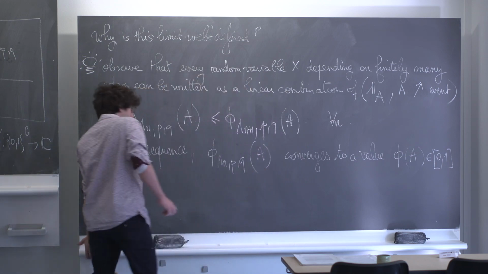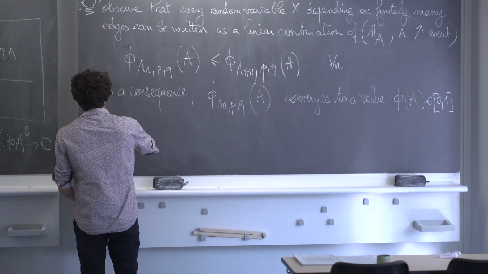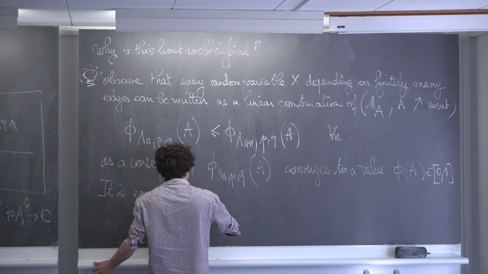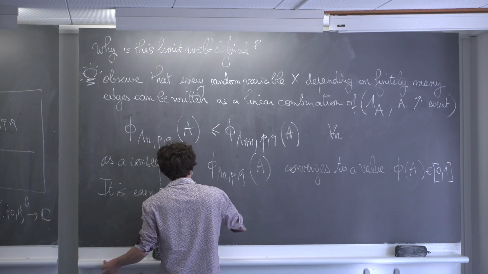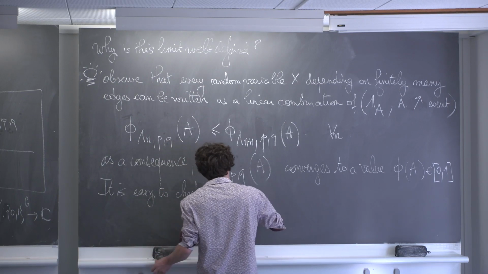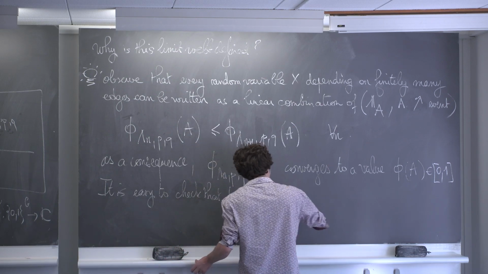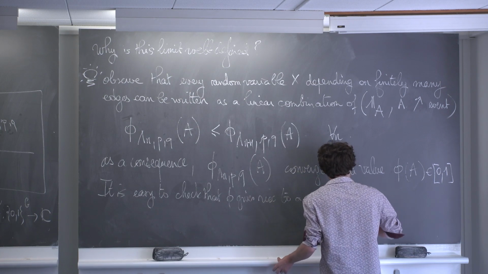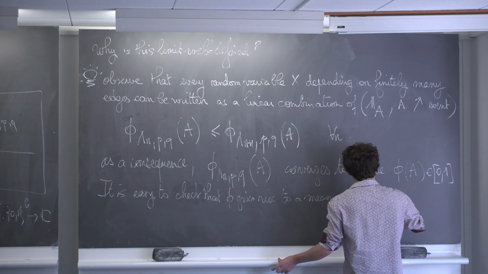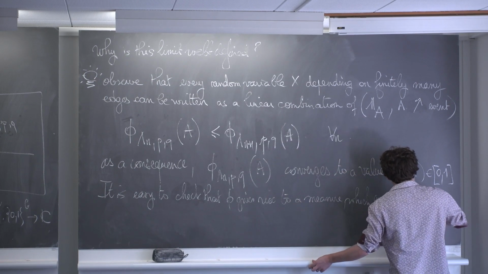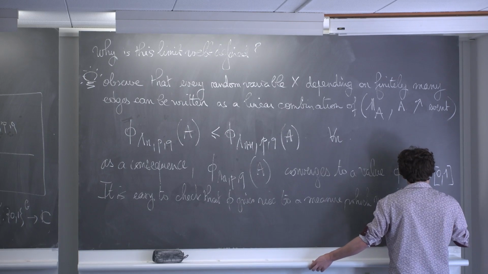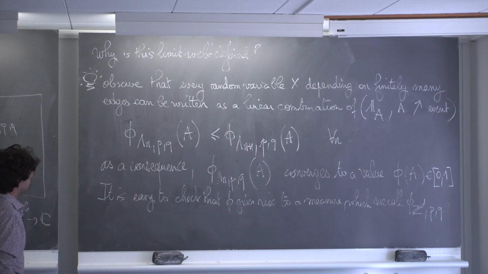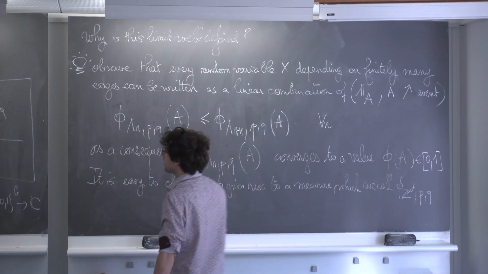So by this simple observation, it is easy to check that phi gives rise to a measure, which we call phi ZD PQ. Okay, so that's to define phi 0.